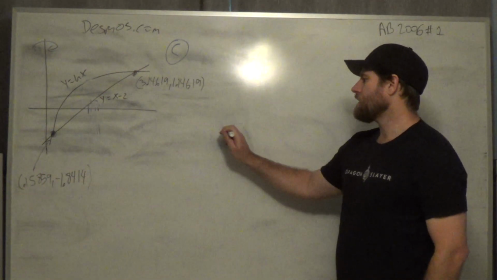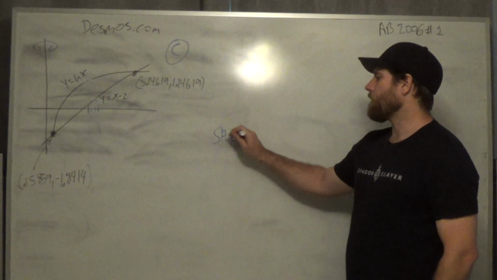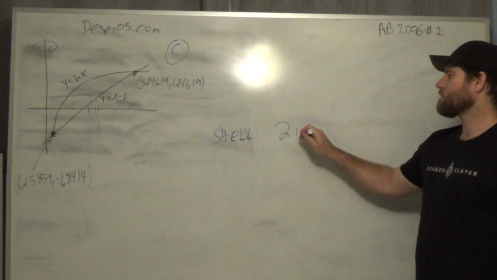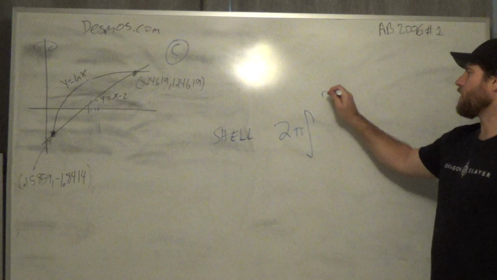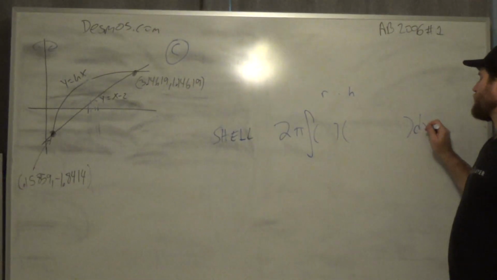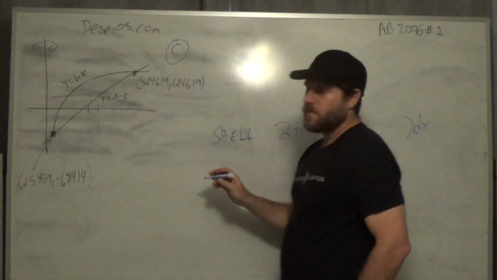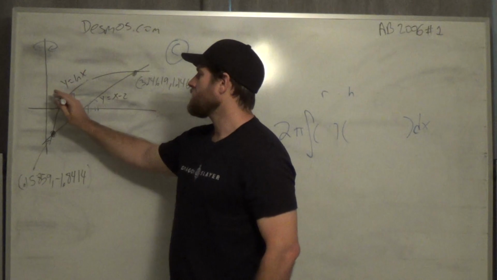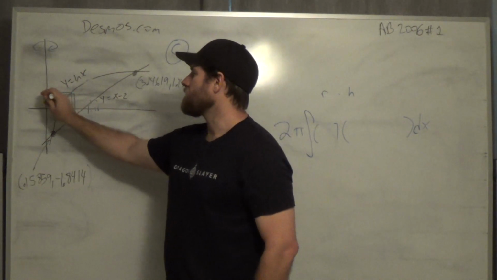So let's talk about shell. This is part C. If you use shell, the formula is 2 pi, and then it's RH. Now, shell, you have some height and some radius.